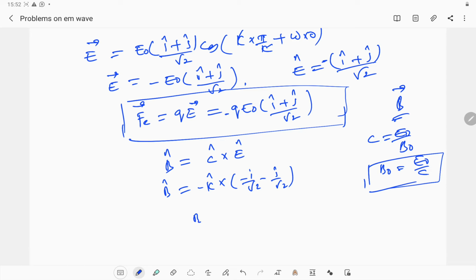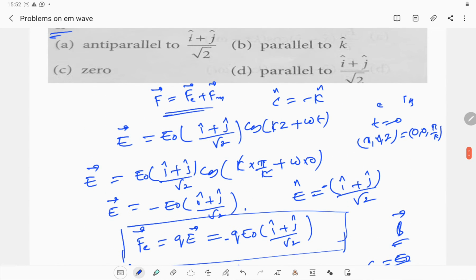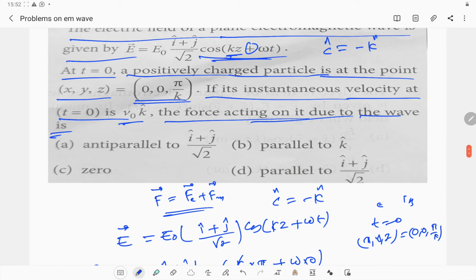Therefore, the cross product gives B cap equal to minus i by root 2 plus j by root 2. This is B cap. Now the force due to the magnetic field becomes Q into V bar cross B bar. Here V bar is V naught k cap.